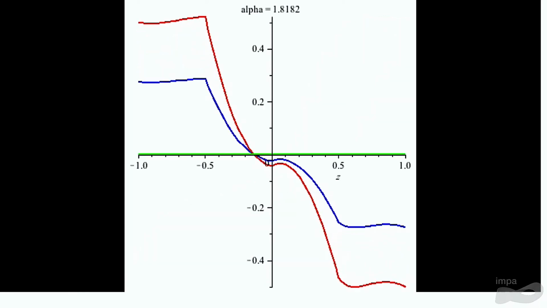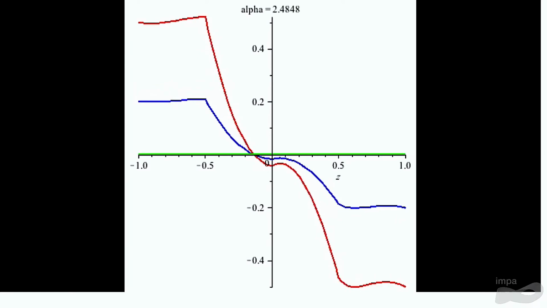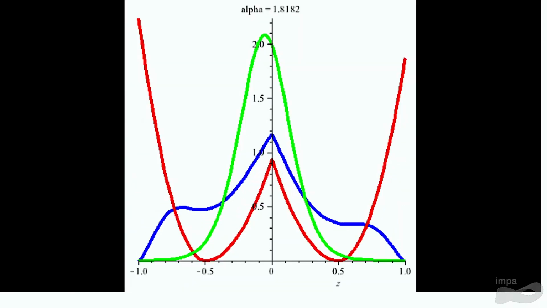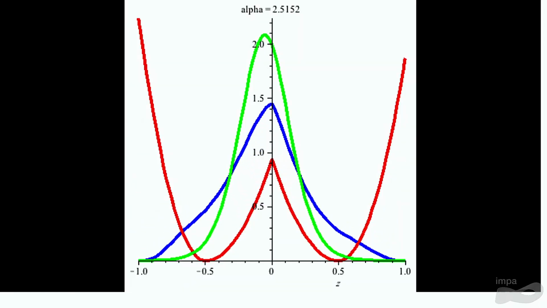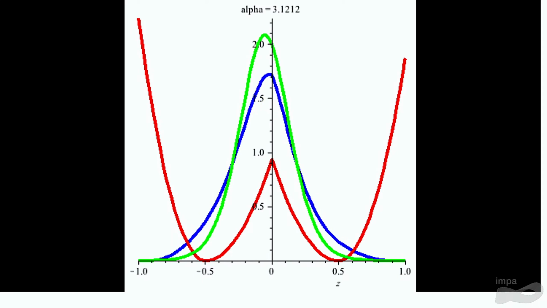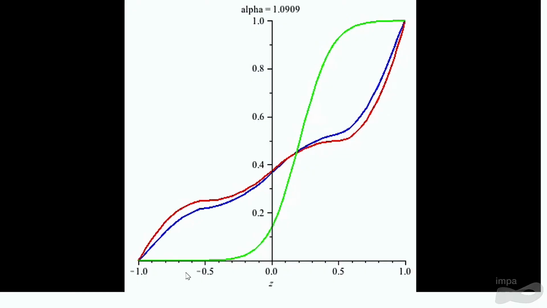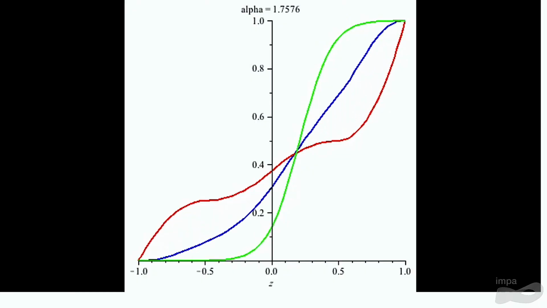What is this representation? This is the invariant. This is J. This is the probability density function, and we have the cumulative distribution. And the third one is the invariant. That's the cumulative.